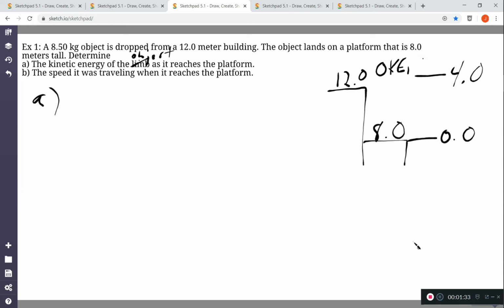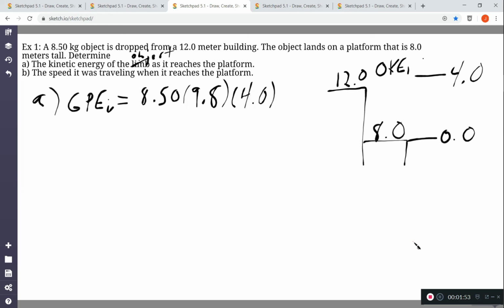So let's start by figuring out what the initial gravitational potential energy is. It's going to be mgh, so that's 8.50 kilograms times 9.8 for gravity times a height of, in this system, 4 meters. Now, I'm not going to work that out yet. What we need to understand is the entire setup here. So in the beginning, we have gravitational potential energy initially, and we have kinetic energy initially.